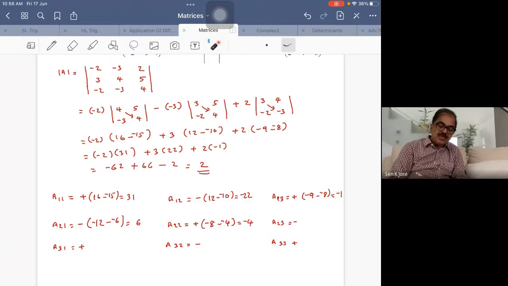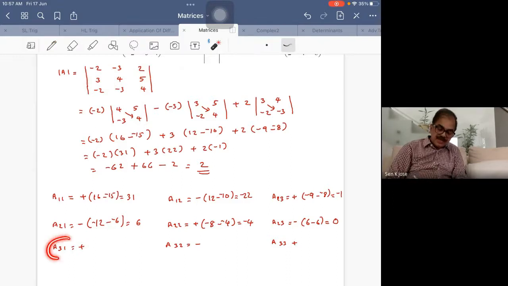Then A23 will be, delete the row and the column it belongs to, cross multiply, we'll get 6 minus 6, which is going to be 0. I just want to check that element again. This is A23. So I delete that row and that column. The remaining, when I cross multiply, it is 6 minus 6, 0.